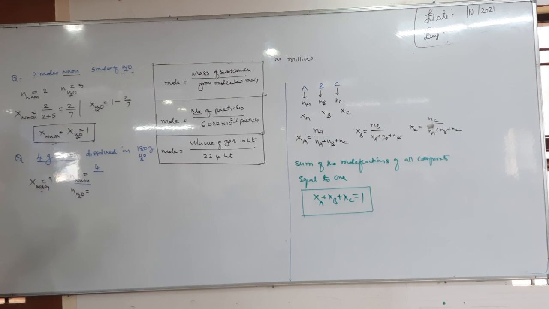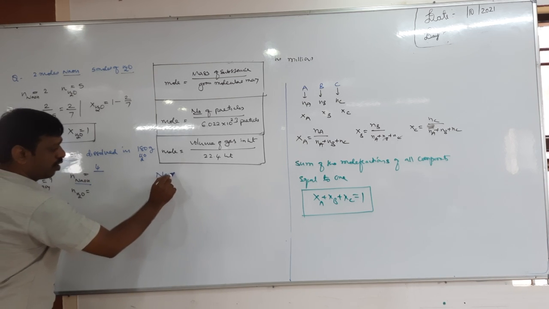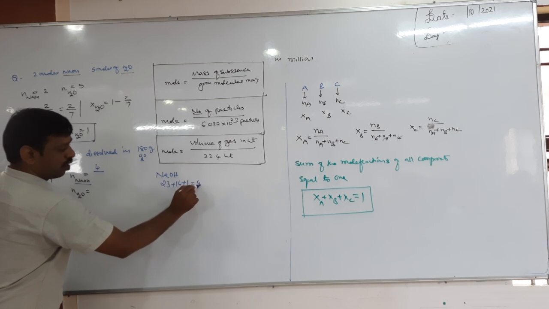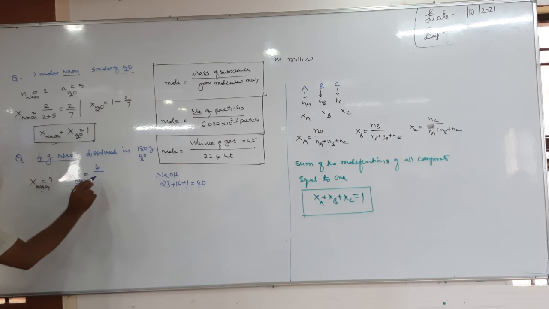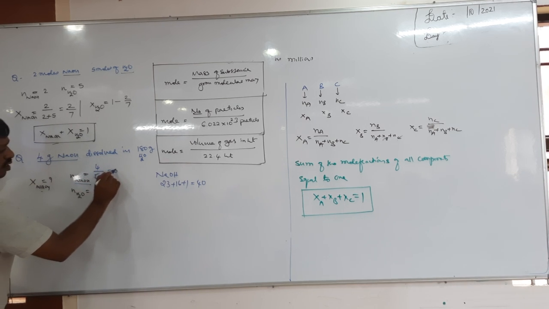What is the gram molecular mass of sodium hydroxide? NaOH, sodium 23 plus oxygen 16 plus 1, which is 40, right? So 4 by 40, how much is it?